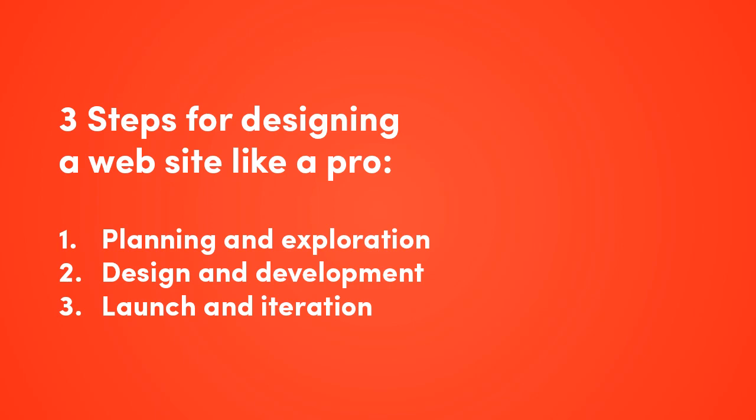Number two is design and development, and number three is launch and iteration. So these are the three main parts of the process, and each of these three parts are divided into three sort of subsections, as I will go through next.